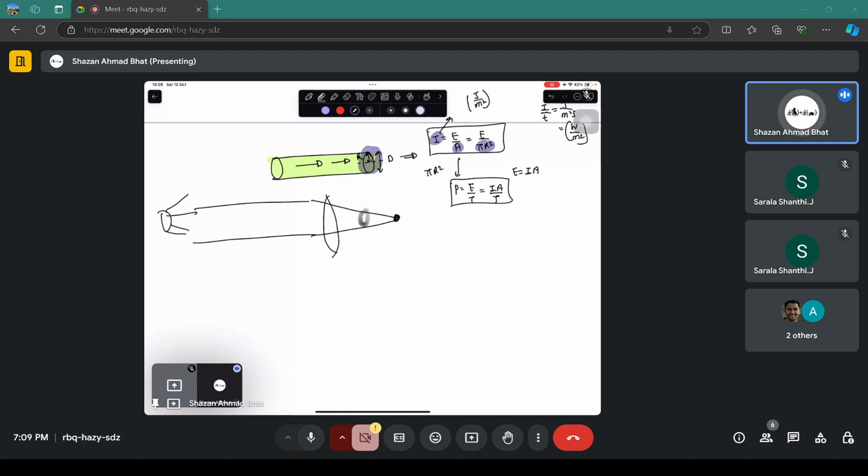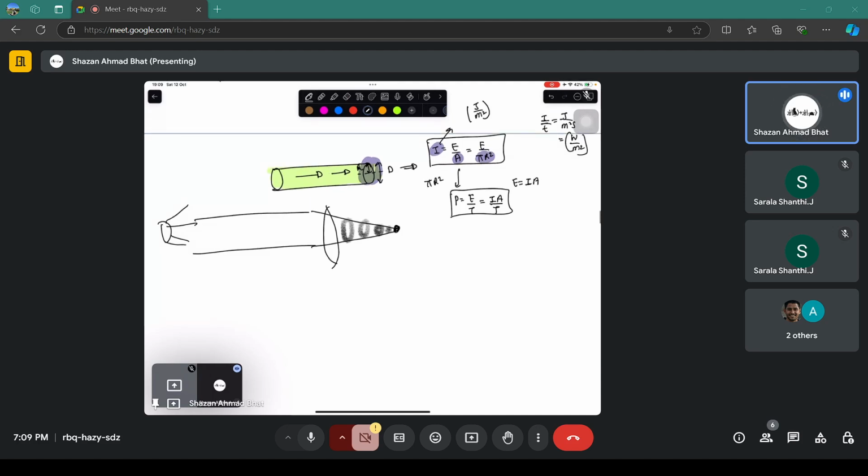You are basically increasing the intensity at this particular position because you are decreasing the area. Decreasing the area increases the intensity, and it is going to increase the power of this light source. And that's why, whenever you focus using the lens, it burns the material, even with light from the sun.